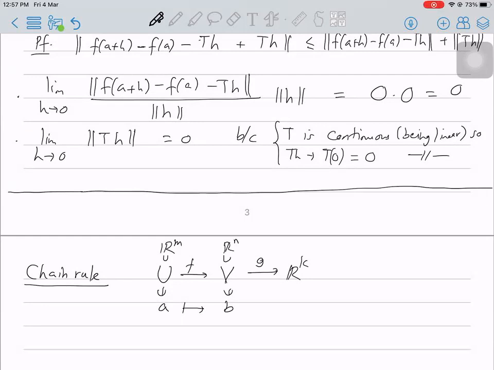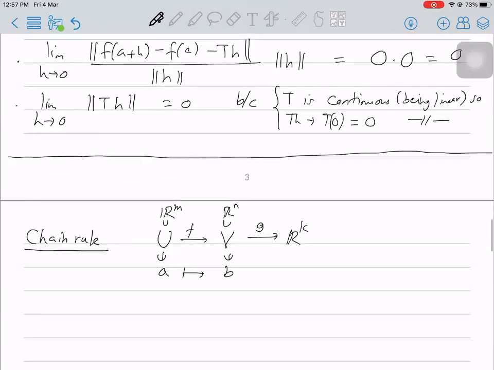The first map is just from U to R^n, but the second map is from a neighborhood of the image of A to R^k. So that is what is given to me.